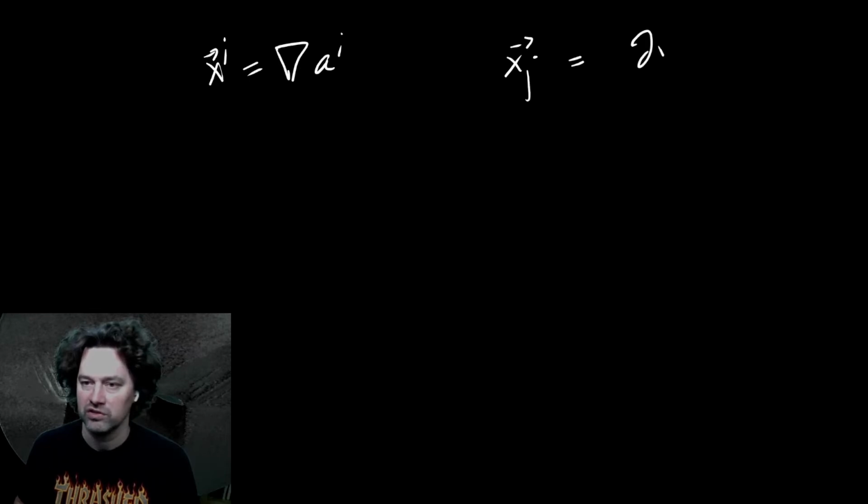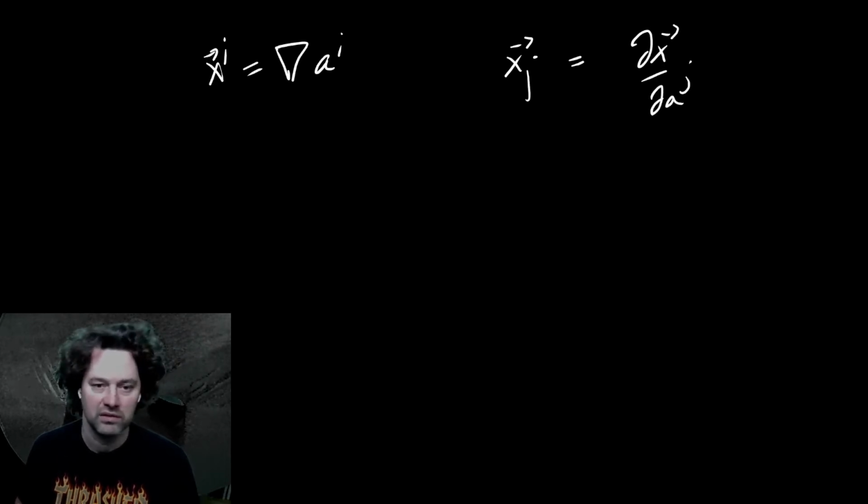So we want to show that xi is reciprocal to xj, which is d dx daj. Let's write this out.